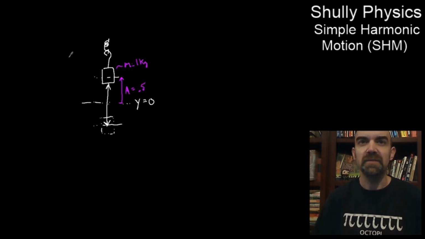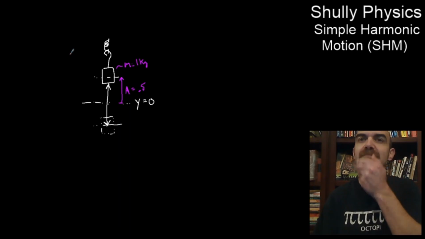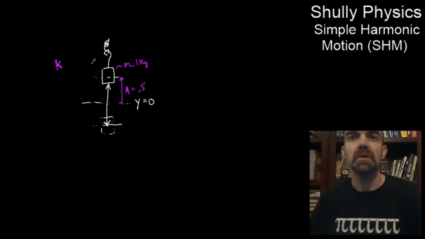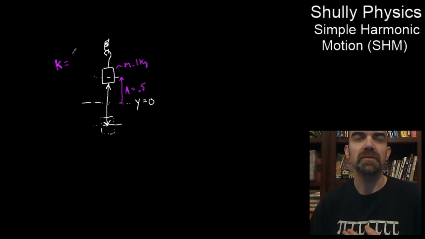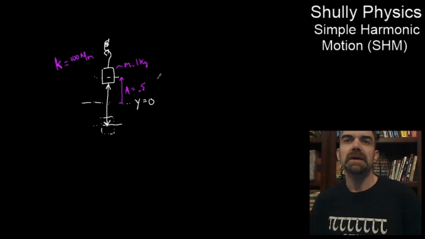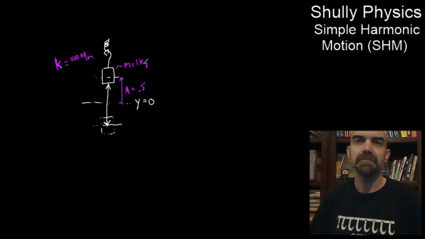We'll use a K value of 100 newtons per meter. That's the K for the spring. Now let's see, do I need anything else? I think that's about it. All right.